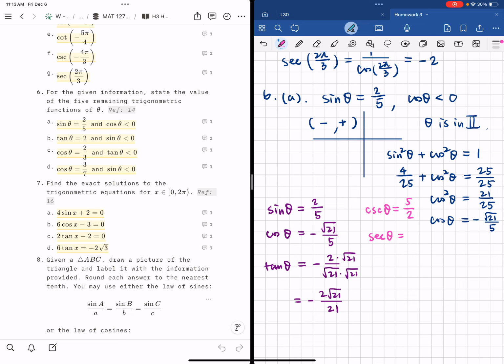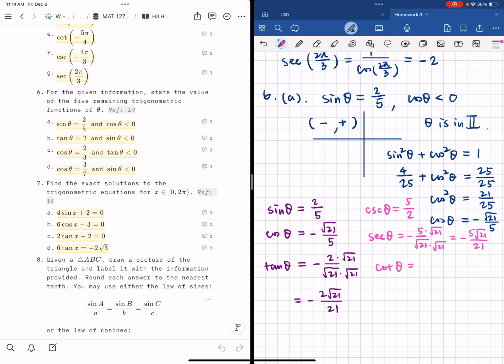It's the reciprocal of cosine, so that's negative 5 over square root of 21. We need to rationalize this, so I multiply both the top and the bottom by radical 21, and this will give you negative 5 radical 21 over 21.